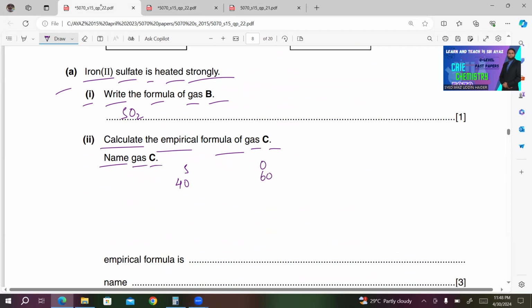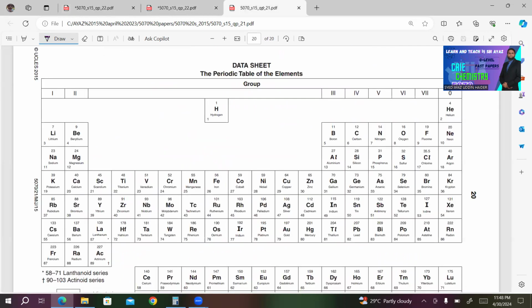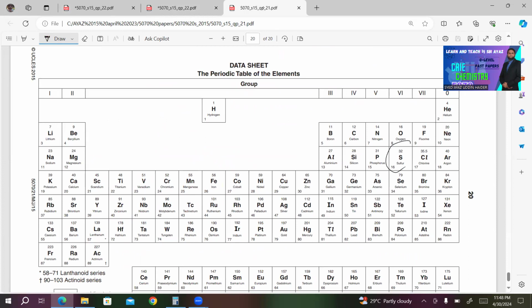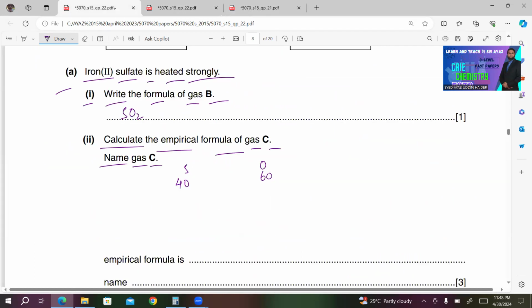So in the first step, we will divide this by the Ar of these elements. The Ar of sulfur is 32. What about oxygen? Ar is 16.